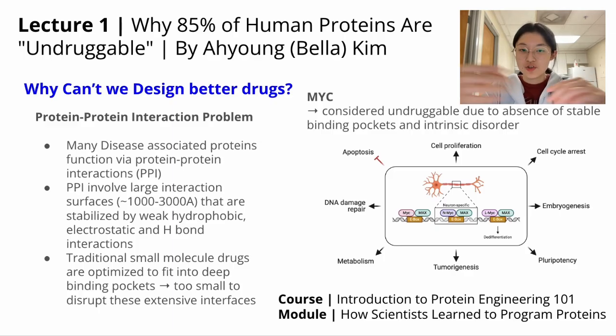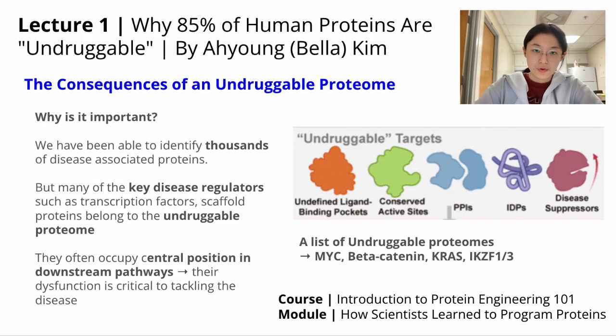But the problem is that traditional small molecule drugs are optimized to fit into deep binding pockets, meaning that they're too small to disrupt these extensive interfaces that are shown in protein-to-protein interactions. Take the MYC gene family, for example. They're considered undruggable because of the absence of stable binding pockets and their intrinsic disorder.